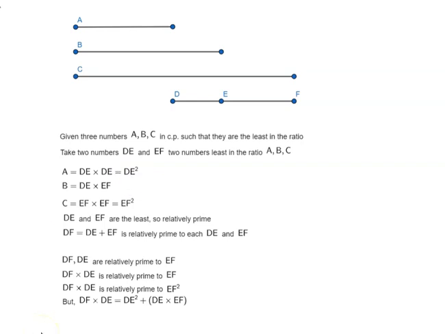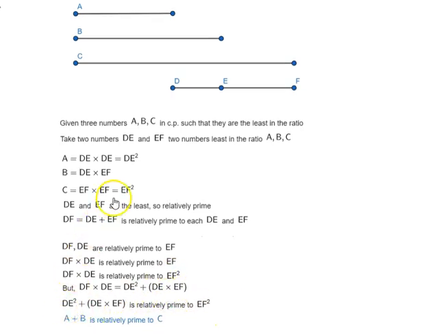So since DE square plus DE times EF is equal to DF times DE, and we have said that DF times DE is relatively prime to EF square, we can say DE square plus DE times EF is relatively prime to EF square. Now, what is DE square? DE square is A. DE times EF is what? B. So A plus B is relatively prime to EF square, that is C.